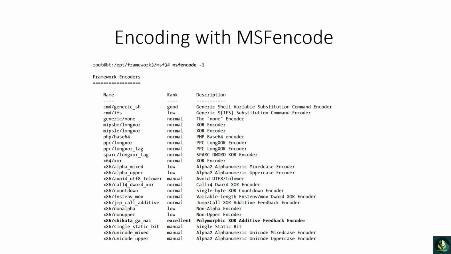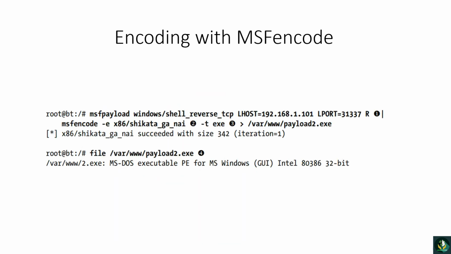Now we will run a simple encode of MSFpayload by importing a raw output from MSFpayload into MSFencode to see how the result affects our antivirus detection. First we add the R flag, as you can see, to the MSFpayload command line to specify the raw output, because we will pipe its output directly to MSFencode.